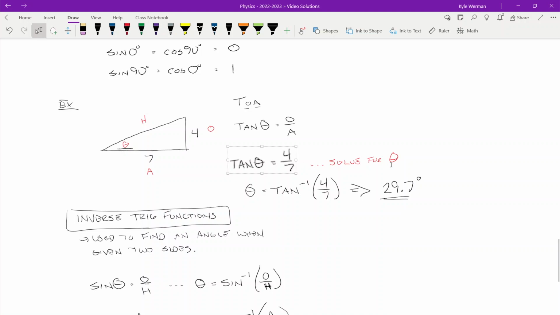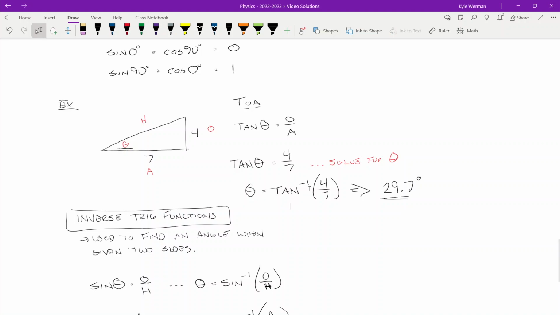How would I solve for theta? Well, I would effectively divide by tan. And that's kind of what taking the inverse is. And that's kind of how I would describe these inverse functions. So if I ever want to know an angle, I can still use SOHCAHTOA, right? Sine, cosine, tangent. But I'm going to be using an inverse trig function because I'm finding an angle.